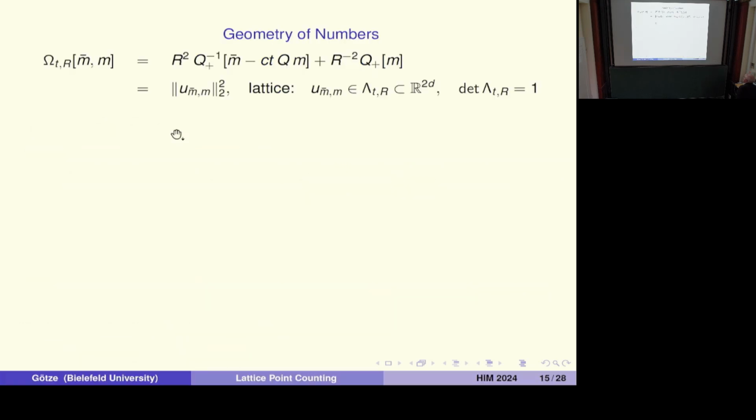Okay, now we are at this positive quadratic form, which is the squared Euclidean norm of elements of a transformed 2D-dimensional lattice, which depends on two parameters, t and r. So we lost the shift in the way, and we won't by taking absolute values.